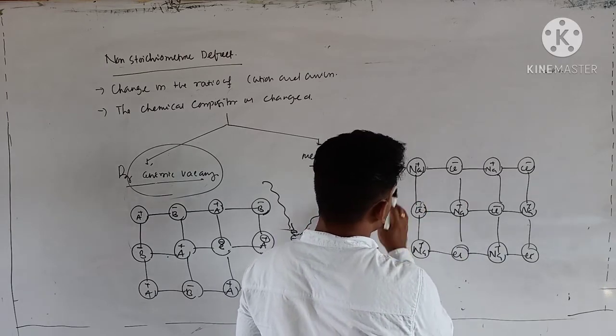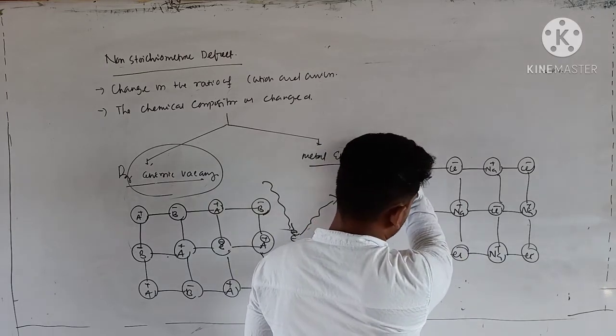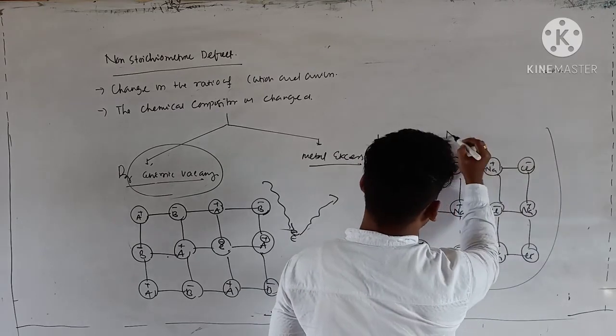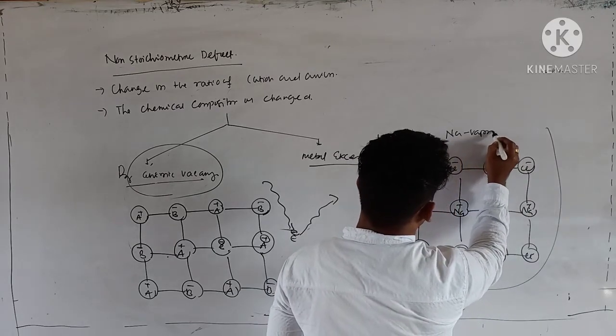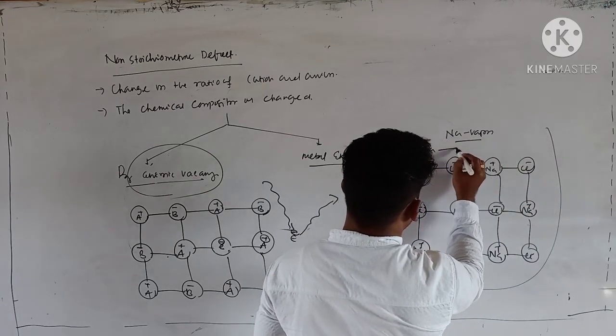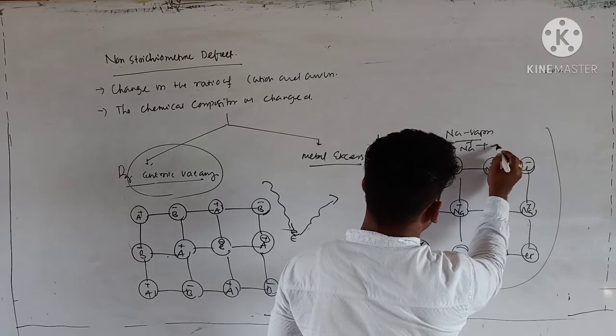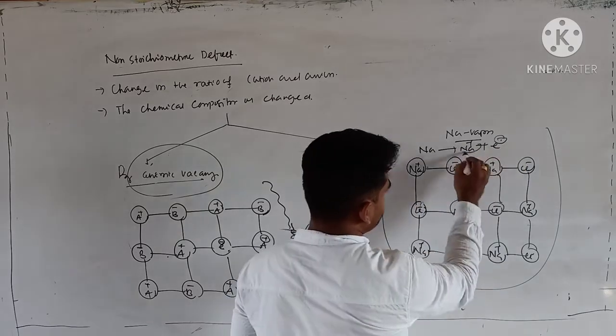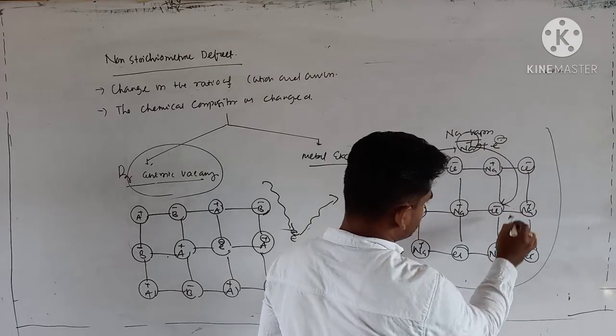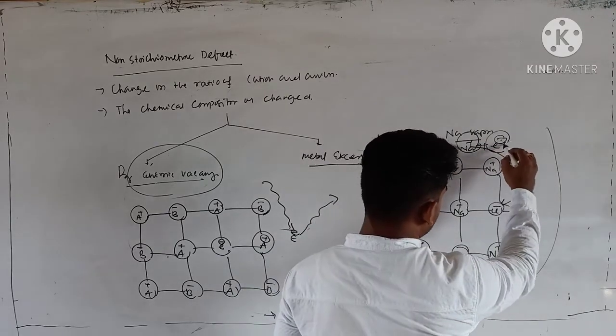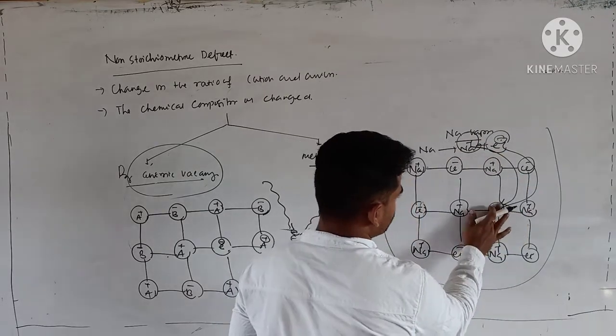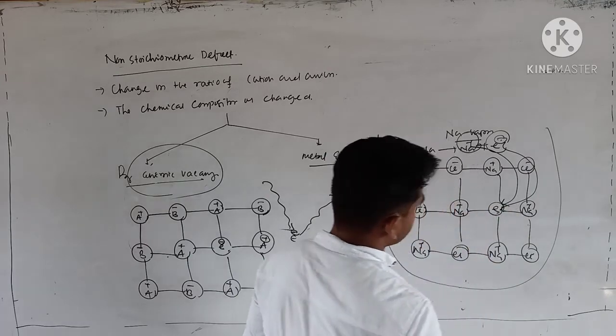If this crystal is passed through sodium vapor, Na gets converted into Na plus by loss of one electron, and this Na plus takes a Cl minus ion from here, and the extra electron occupies this position. So this position will be occupied by the electron.